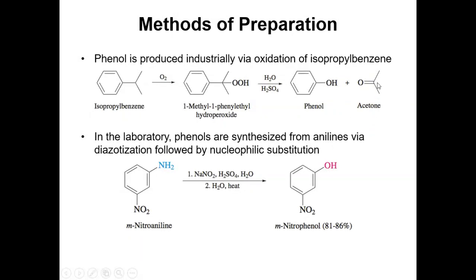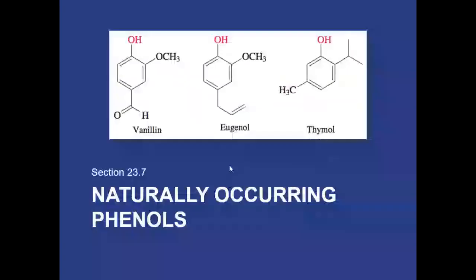Both of those compounds are industrially useful. And the preparation of phenol on a laboratory scale makes use of a reaction we're going to talk about in the very last chapter, so we don't need to worry about it for the time being.